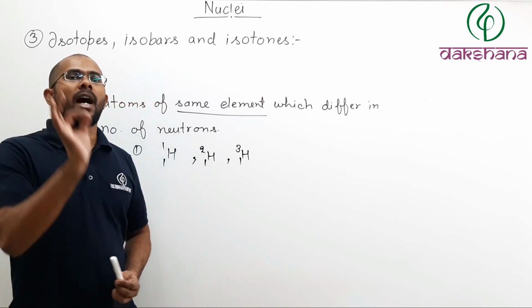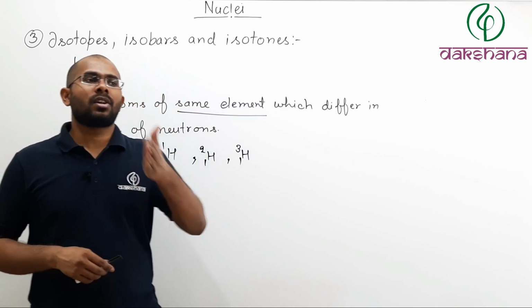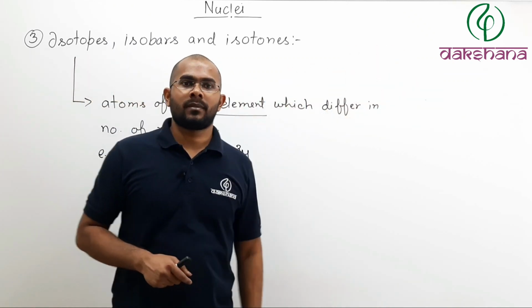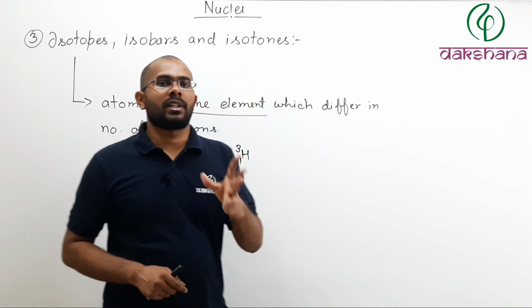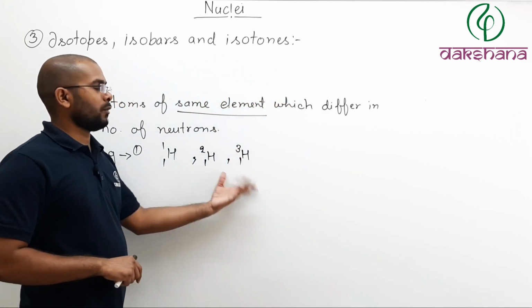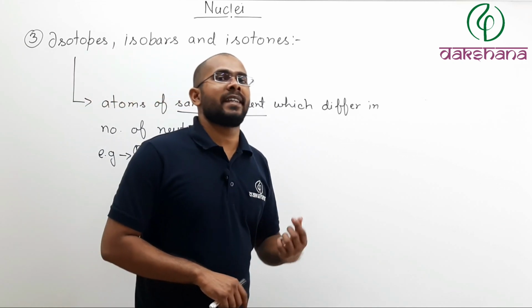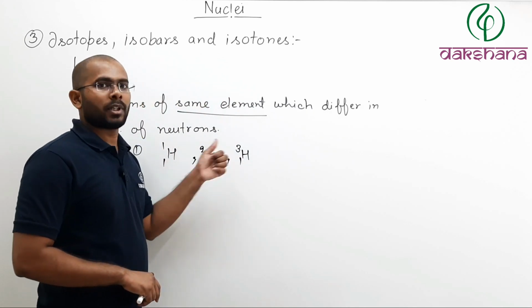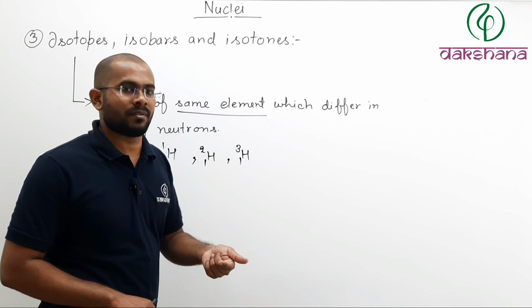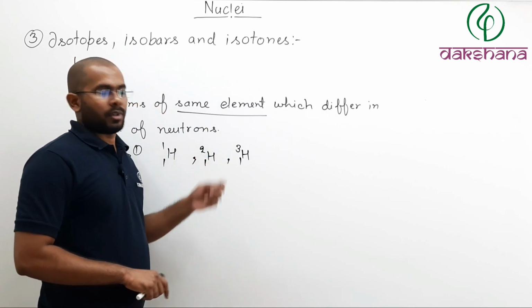There are 3 isotopes of hydrogen, meaning you can find 3 kinds of hydrogen atom. All 3 will have same atomic number, that is Z equals 1. But for them, mass number may vary. Mass number may be 1, 2, 3, because number of neutrons is different. Here 0 neutrons, here 1 neutron, here 2 neutrons.